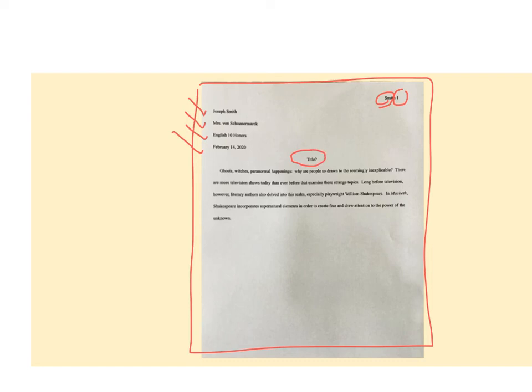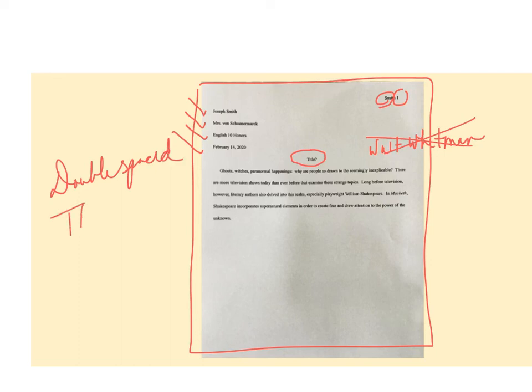Or if you want to put your title already and you think you might know it, that's fine. But you certainly wouldn't want to put as your title Walt Whitman, Langston Hughes, Edward Arlington Robinson. Okay, no good. And you also don't want to have just the one word, supernatural. You wouldn't want to do something like that. Everything is double spaced. The font is Times New Roman, and the size is 12.